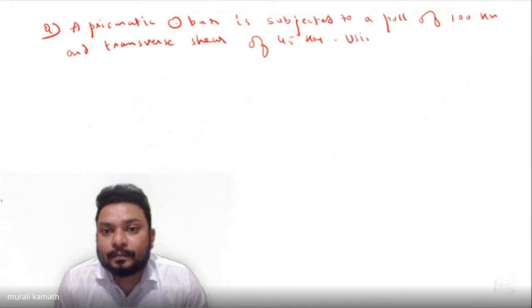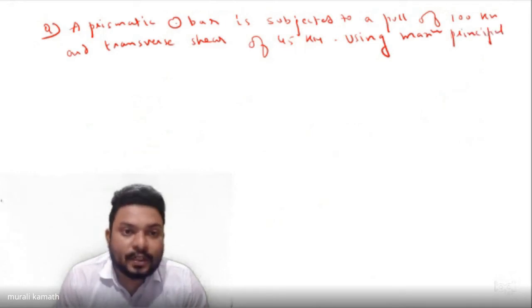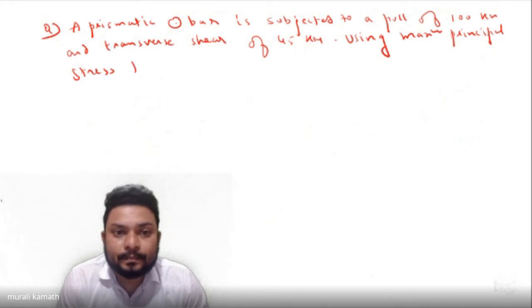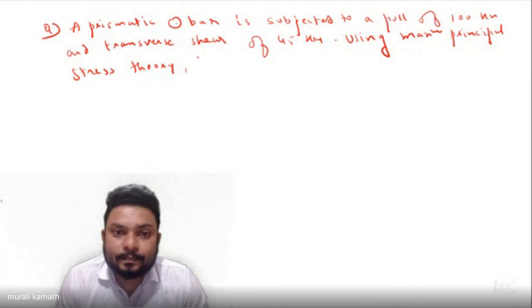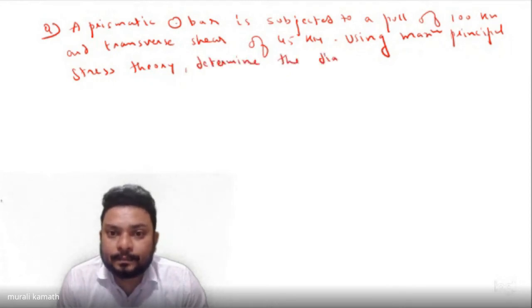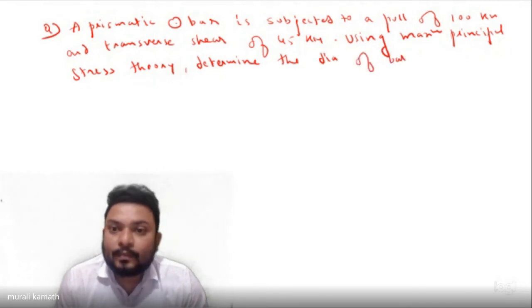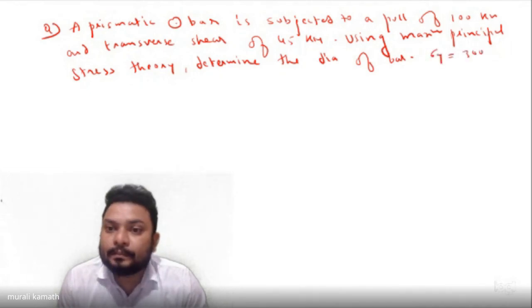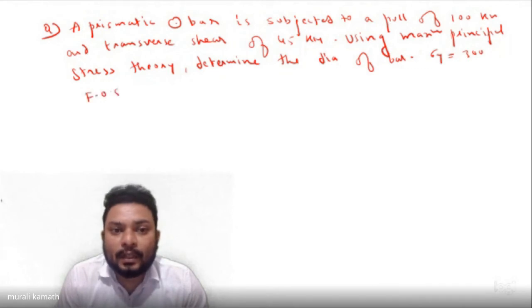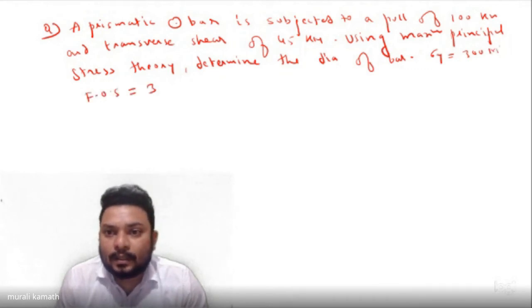Using maximum principal stress theory, determine the diameter of the bar. Your yield strength is given over here, 300 MPa, and the factor of safety is given as 3.